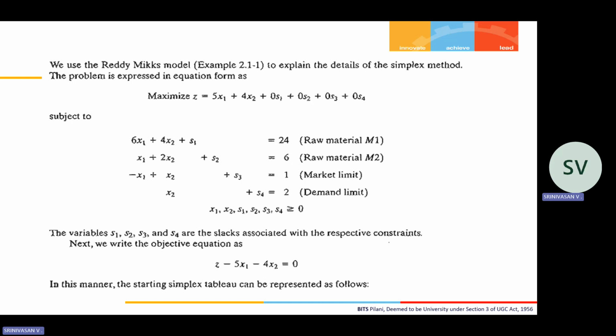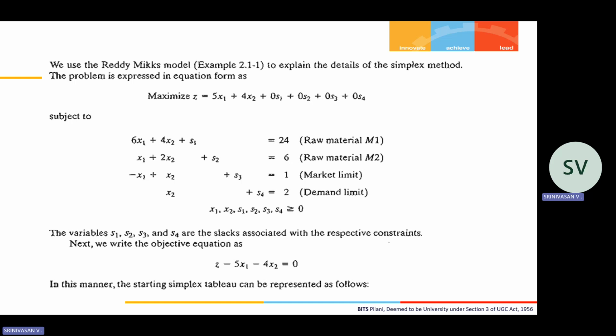The problem is expressed in equation form as maximize z equal to 5x1 plus 4x2 plus 0s1 plus 0s2 plus 0s3 plus 0s4. Subject to the constraints 6x1 plus 4x2 plus s1 equal to 24, x1 plus 2x2 plus s2 equal to 6, minus x1 plus x2 plus s3 equal to 1, x2 plus s4 equal to 2.